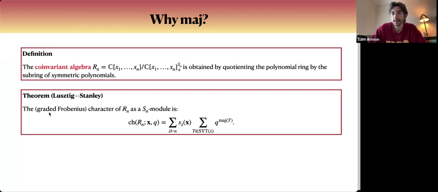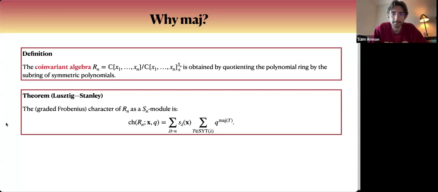We say graded because the coinvariant algebra is itself graded. So this contains a little more information: not only does it tell us how the module decomposes into irreducibles, it tells us how each graded piece decomposes into irreducibles, and that's tracked by the power on this extra coefficient q.